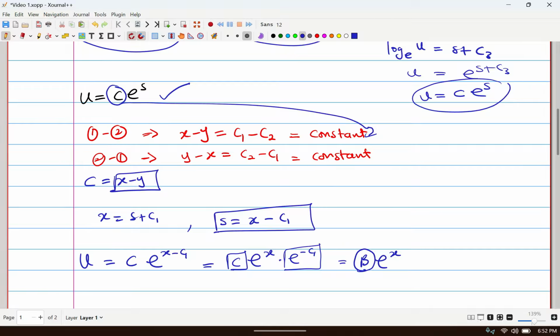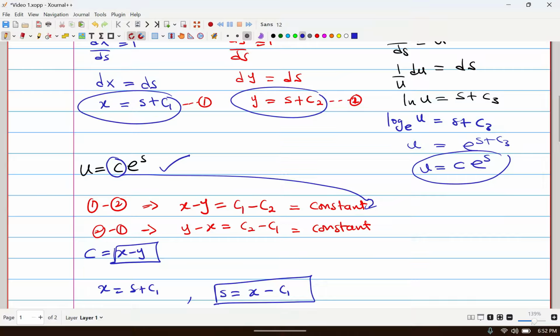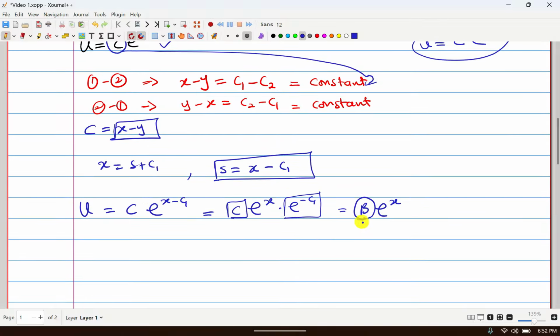ODEs give us arbitrary constants, like we saw for equation 1 and 2 and then 3. But for PDE, the final solution should have an arbitrary function of some expression. So like I said, a constant in this problem is defined to be either x minus y or y minus x. So this b can be equal to any of these. Okay, it can be any of them.